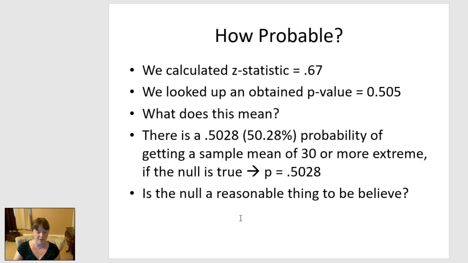Well, the p-value means there's a 50-50 chance, a probability of 0.5028 of getting a sample mean of 30 or more extreme. So p equals 0.5028, right? Is the null a reasonable thing to believe? Absolutely it is, because that's a big probability. It is very probable that we would have gotten a sample average of 30. 30 is super probable, right?